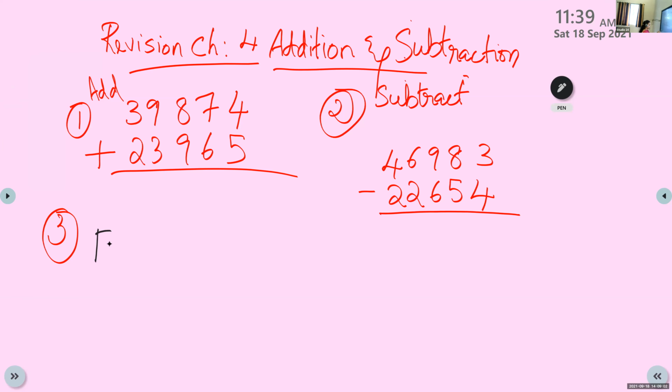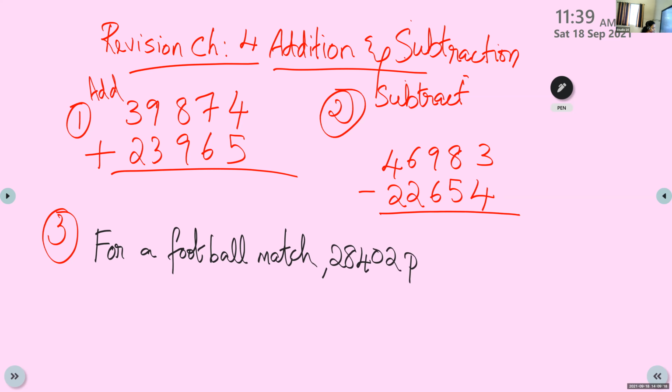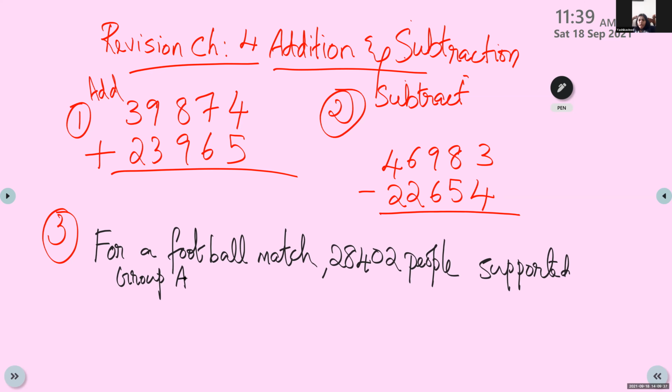For a football match, 28,402 people supported Group A and 28,471 people supported Group B.